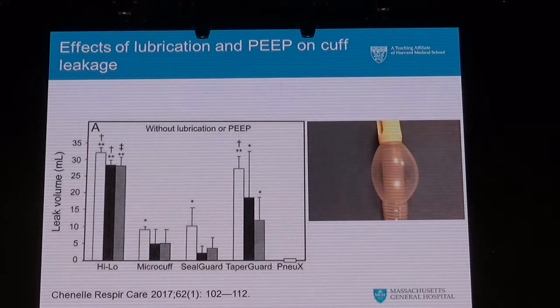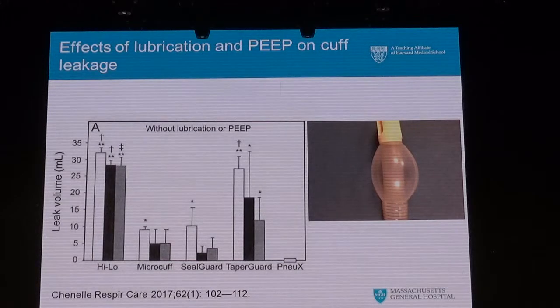It's like when you blow up a balloon: you need lots of pressure at the beginning, but the transmitted pressure outside is very low. The drawback of this cuff is that you need to know, or approximate, the size of the trachea of the patient to match the endotracheal tube.